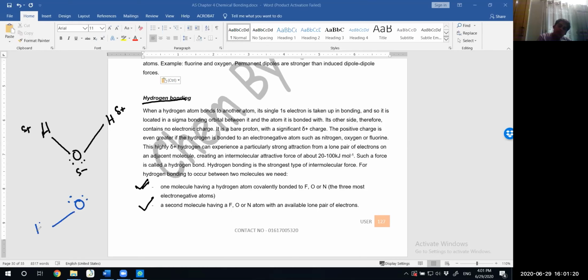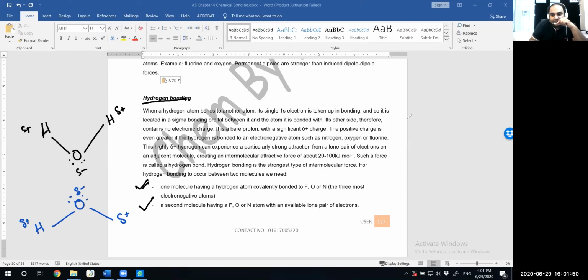This is partially positive, this is partially negative. So water is a polar molecule. So water molecules have three types of forces acting.